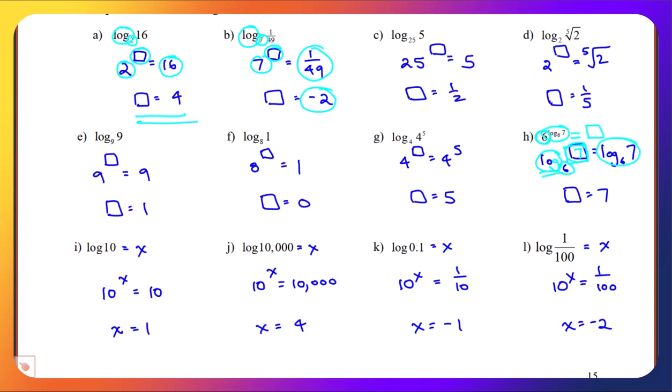And if things are equal, log base 6 of 6, the box has to be 7. These logs here don't have a base, but the common base, the base that we usually use, is 10. And so if the base is missing, it's actually 10. If you want to write it in, that's fine, but it's understood to be there. Otherwise, it's the same as everything else.